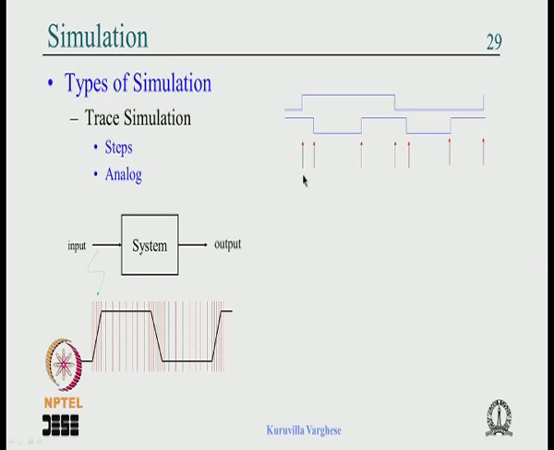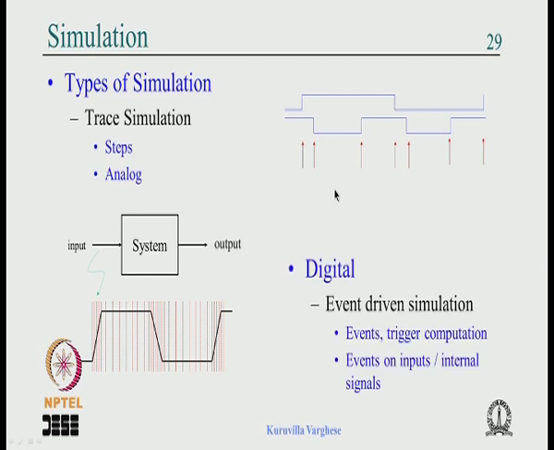That means whenever there is an event on any of the signals, at that time the computation should happen. So digital simulation is an event driven simulation. Whenever there is an event on any of the signals, the simulator has to compute, otherwise nothing to do. Events trigger the computation, and events can be on the inputs.